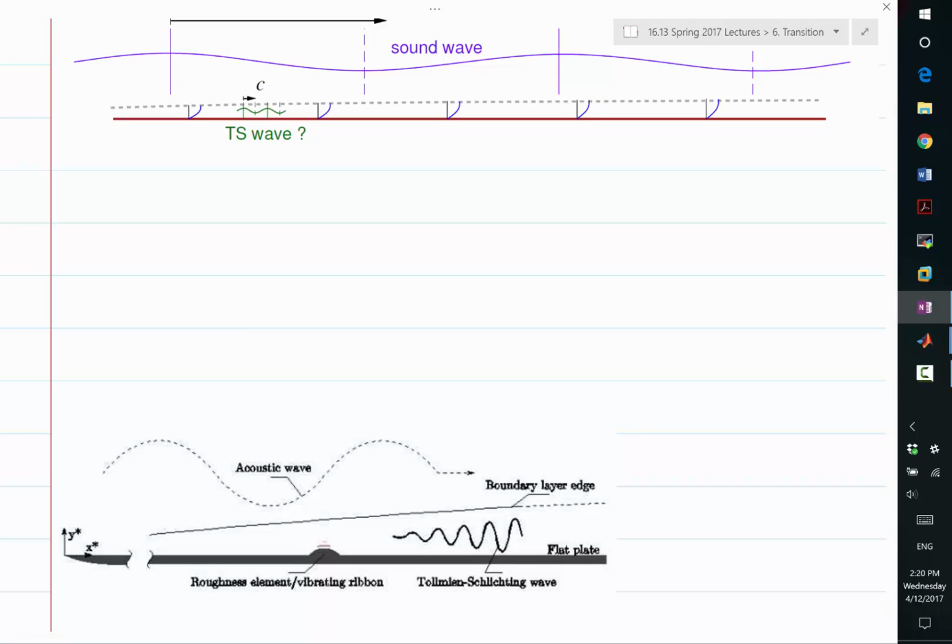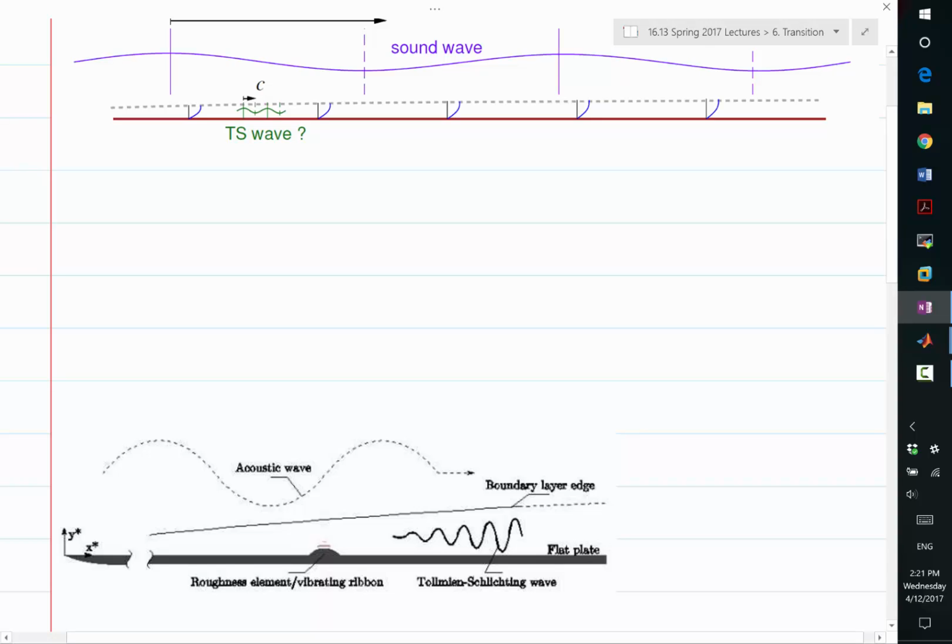The geometric feature can be of the same order of spatial scale as the unsteady TS wave, or it can be much smaller, because if you have a small geometric feature, it can create longer wavelengths. But it's hard for longer wavelengths to create shorter wavelengths.